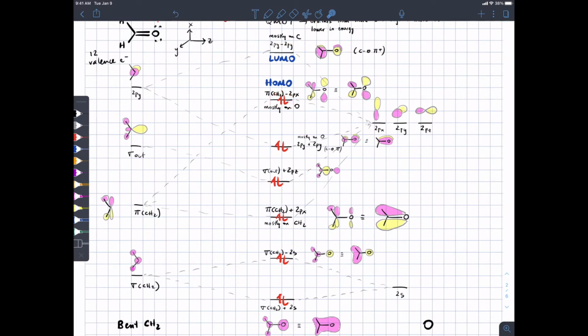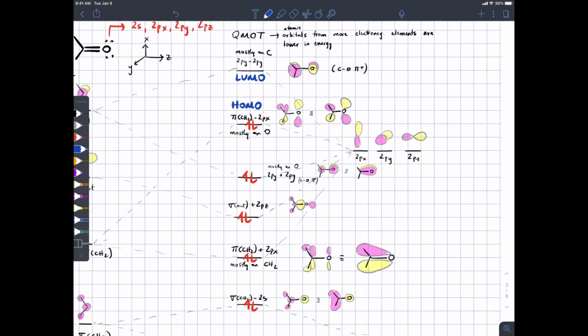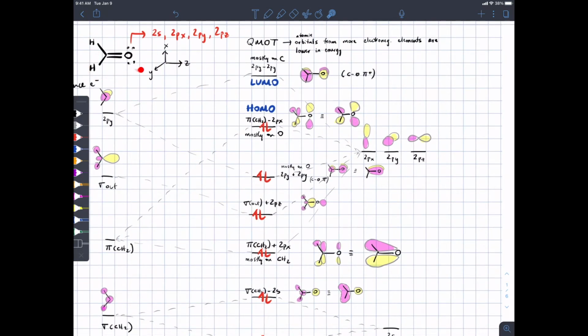Those electrons in that high energy orbital, we said that orbital is mostly on oxygen. So looking at our Lewis structure of formaldehyde, the question I asked in class was, which electrons in this Lewis structure do you think occupy this molecular orbital? And the answer you said is this represents a lone pair on oxygen, but with CH bonding character.